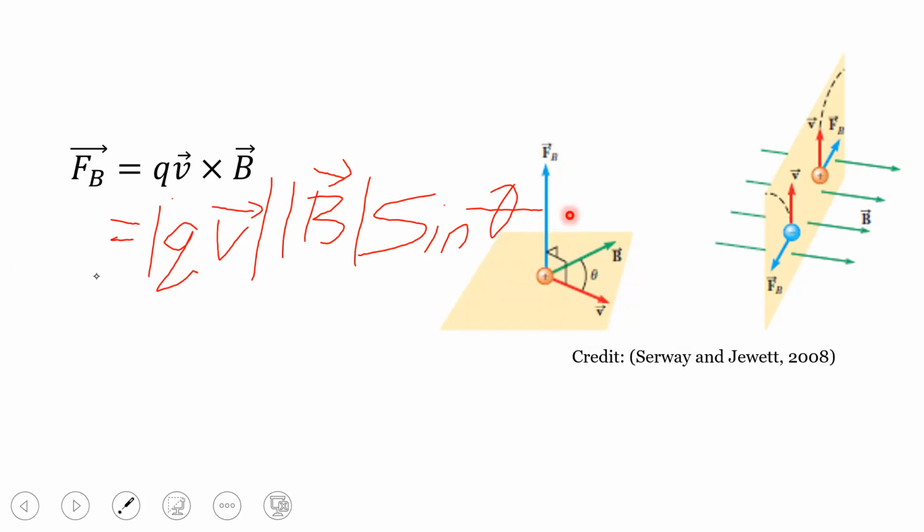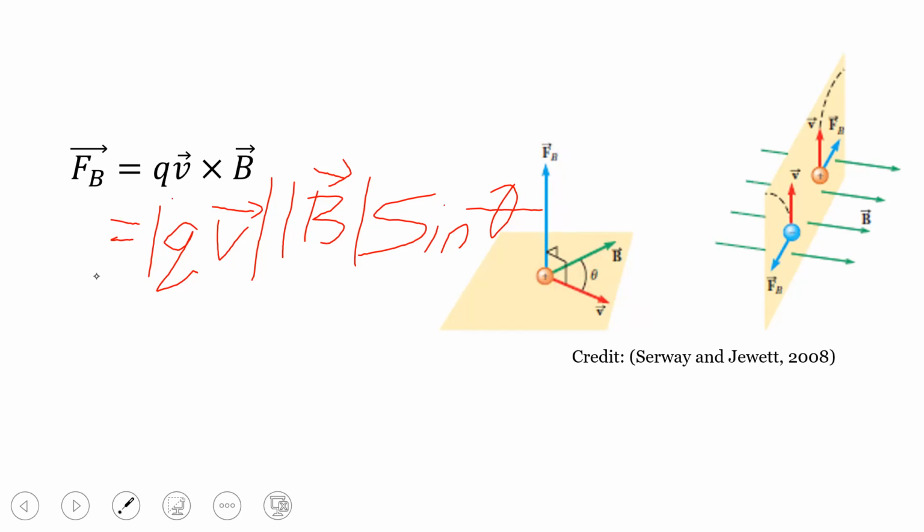But you see, the length of this line would have been longer if the angle theta, that is the angle between B and V, were 90 degrees. The length of this force would have been maximum.